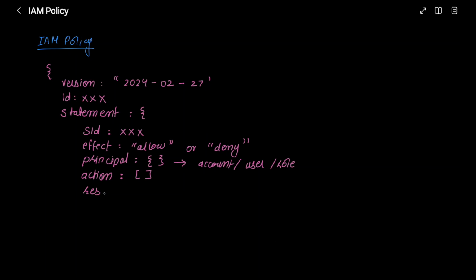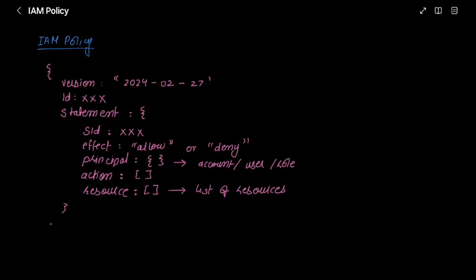Then you have resource, and this would again take a list of resources upon which you need to apply a particular action. So this can be an S3 bucket, which is a storage service that AWS offers. So quite a lot of stuff.